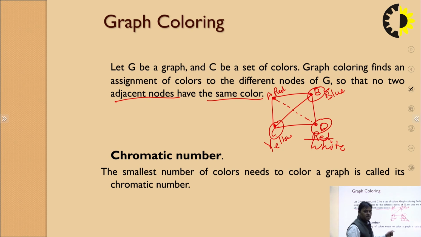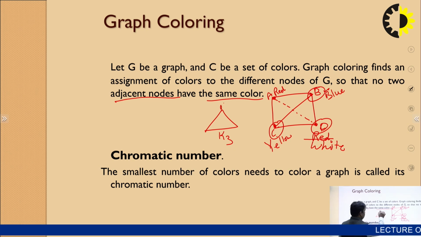Means if we can say that a complete graph is colored with n colors, means this is a complete graph of 3 vertices, each vertex connected with other vertex, then every vertex has a different color: red, green, yellow.